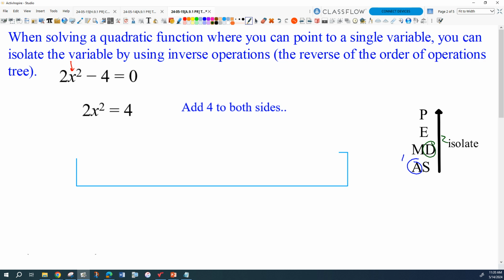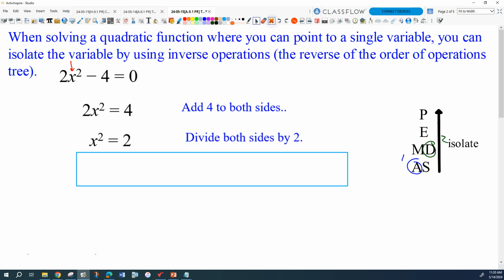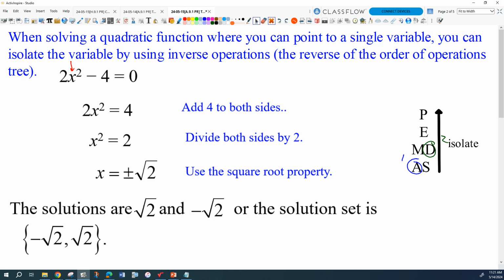That's step 2. Okay, last step to get the x by itself. Square root. So what's my answer then? X equals plus or minus the square root of 2. So I get 2 answers, square root of 2 and negative square root of 2. Okay, good? All right.